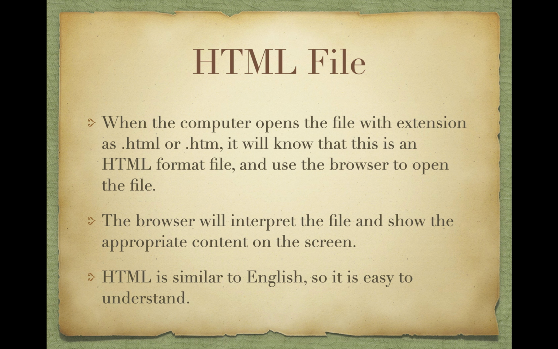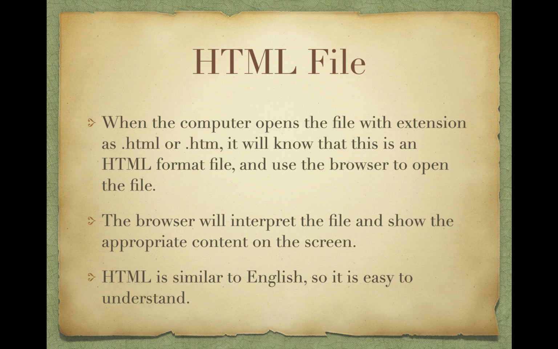Okay. So when the computer opens a file with the extension .html or .htm, it will know that this is an HTML file and use the browser to open it. The computer will use your default browser, maybe IE or Chrome or Safari or Firefox or Opera or something else.